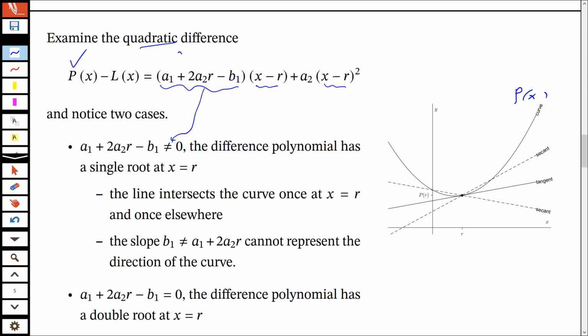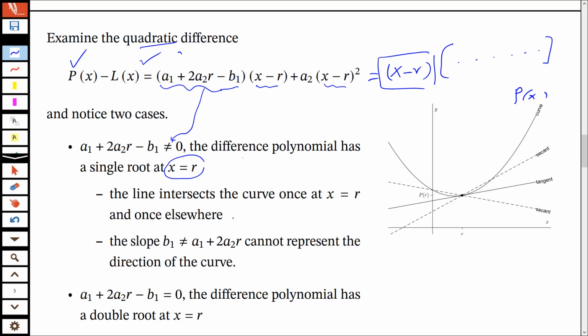If you take that one factor out, you will have X minus R taken out, and then you will have something, and that something will be basically this thing plus that thing and so on, if you want to write it down. So the point I'm trying to make is that this difference between the two functions will have a single root at X is equal to R, because you can take this factor out only once. You cannot take this factor out twice, because you don't have a square there.